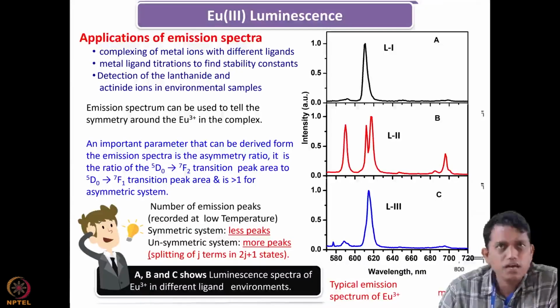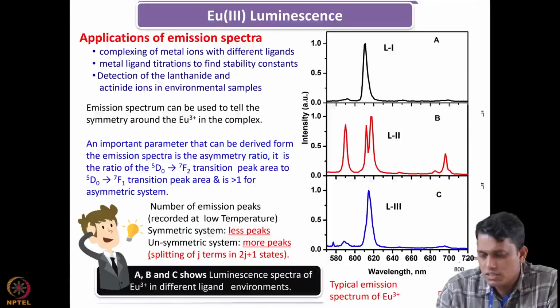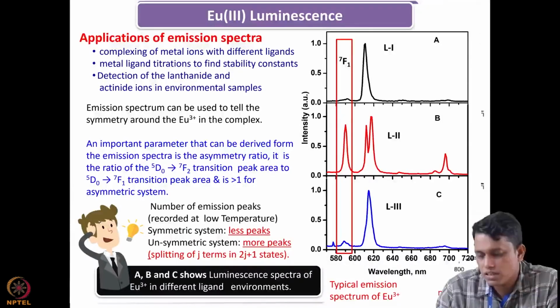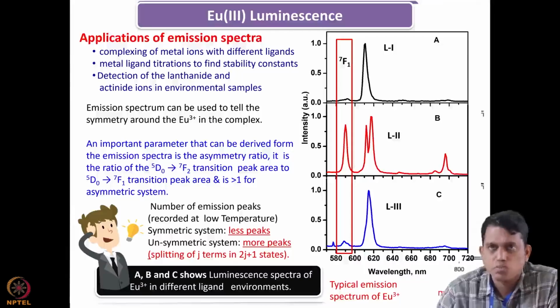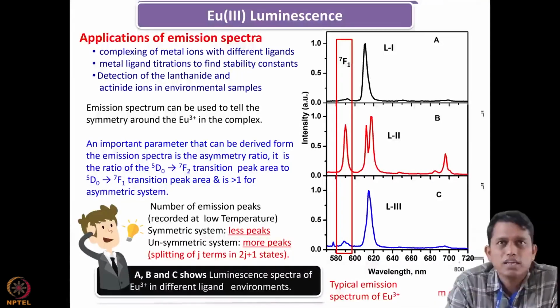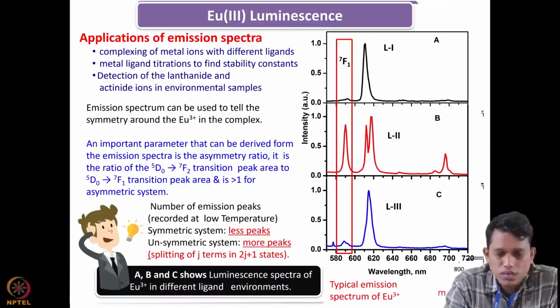But before that, as I told you, you have certain peaks, and out of those peaks, the peak at 7F1 is magnetic dipole, the rest are electric dipole. So if you take the ratio of the magnetic dipole transition to the electric dipole transition, you will get something called the asymmetry ratio, and this asymmetry ratio is very important when you want to understand the symmetry around the europium ion.